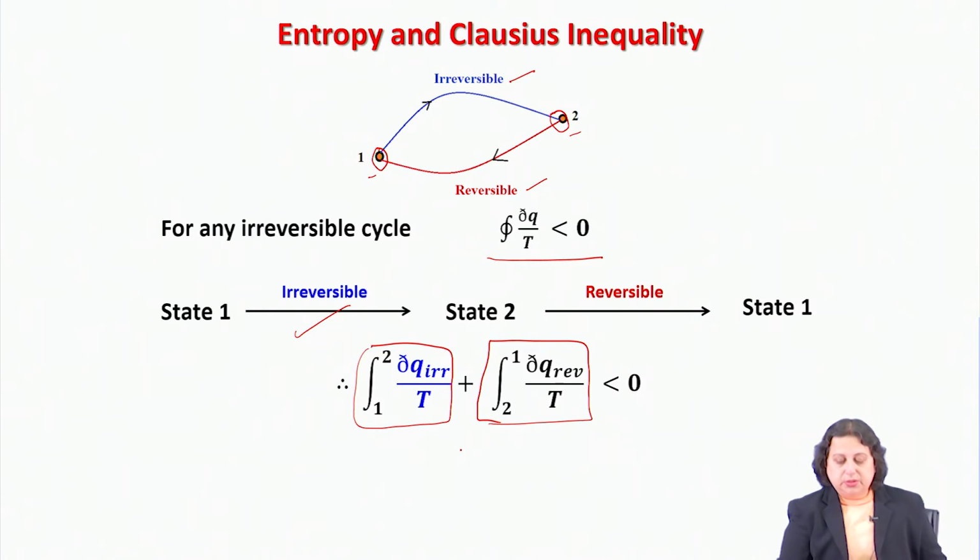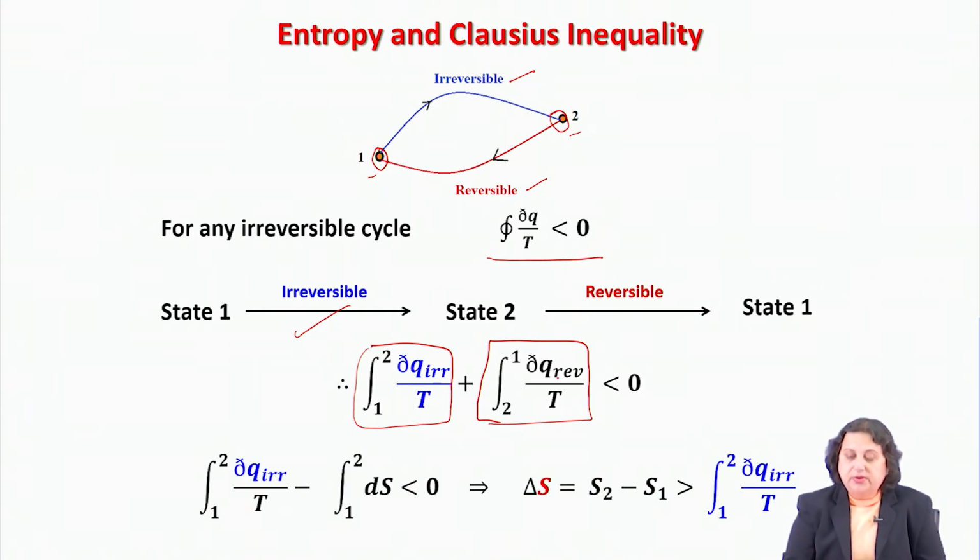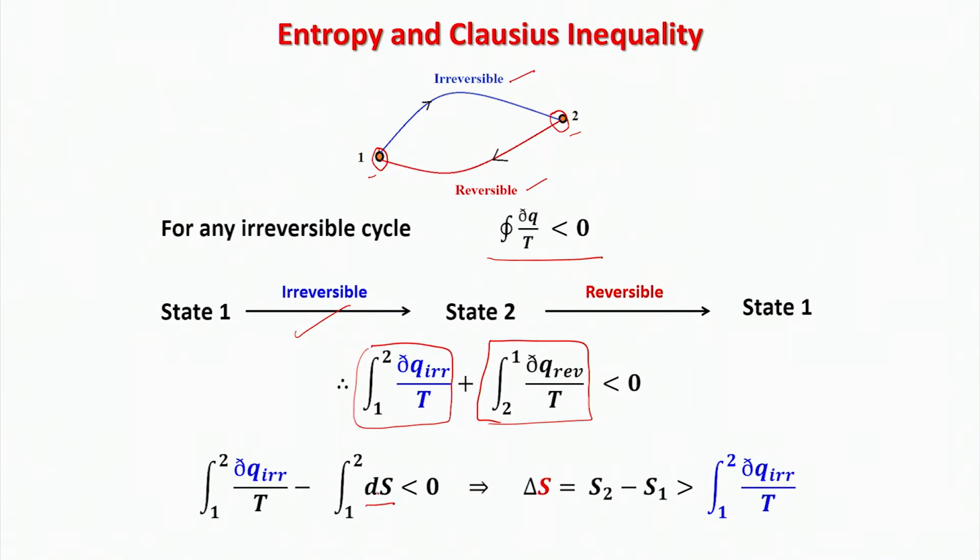If that is so, now the next thing to understand is, what is dq reversible by T? By definition, this is nothing but ds.